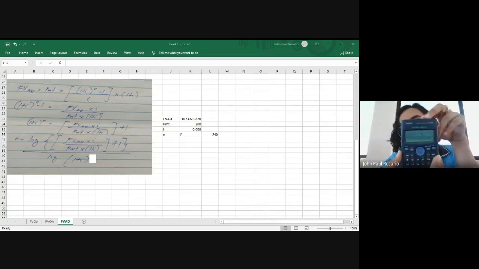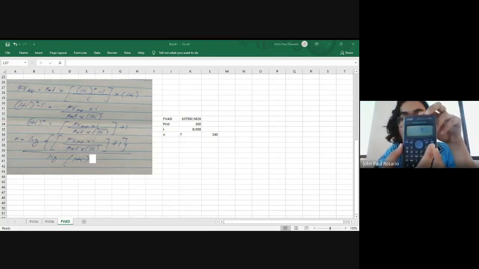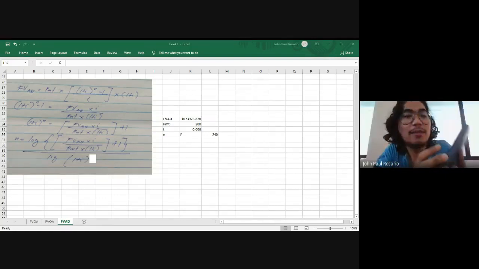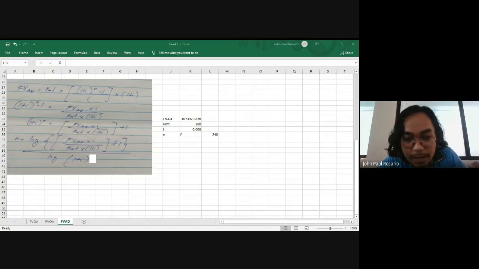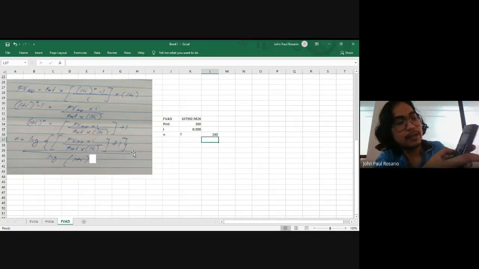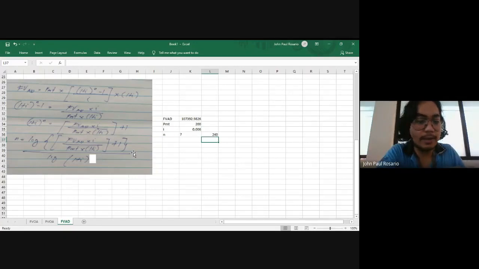Also, guys, in case your calculator cannot handle solving it all at once, we can solve this part first: the future value times I, over the payment times 1 plus I, then plus 1. So 107,392.98 times 0.072 over 12, over 200 times 1 plus 0.072 over 12, then plus 1.